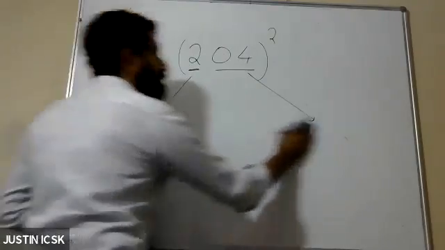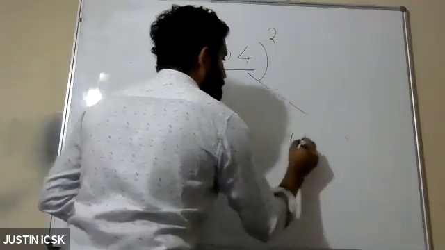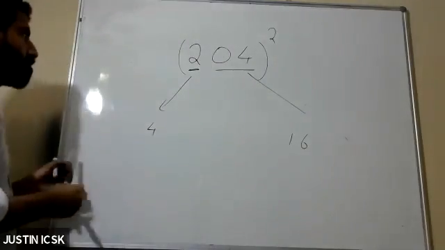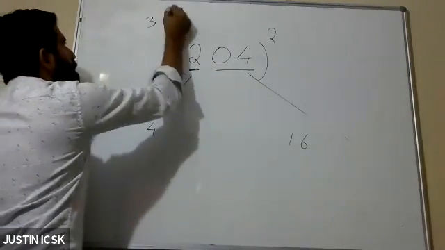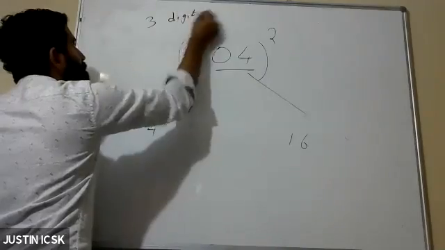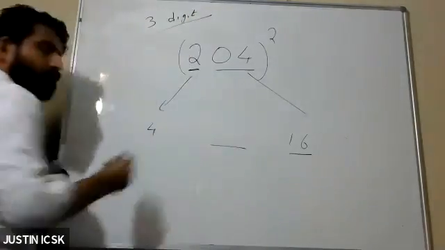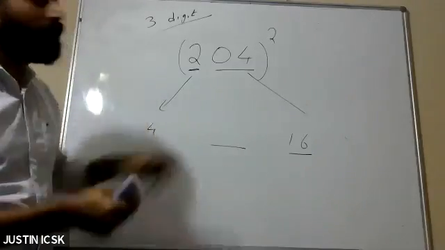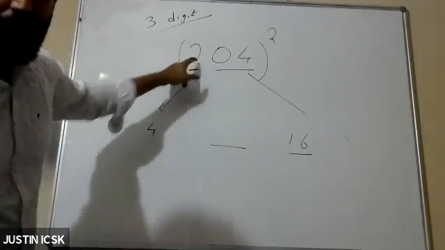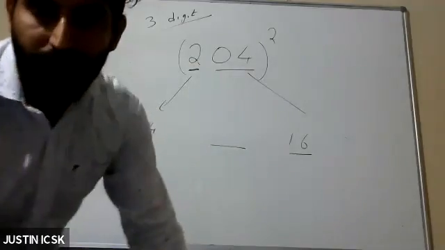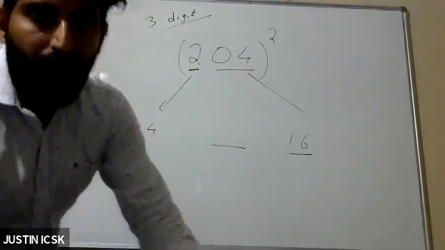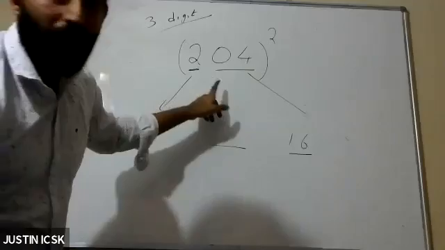4, 16. It's about a 3-digit number. 4 and 16. Now you see the multiplication.